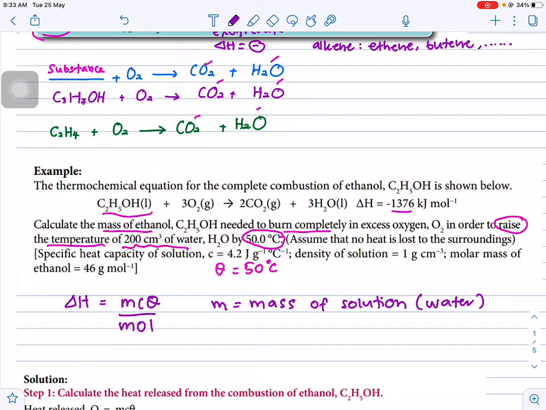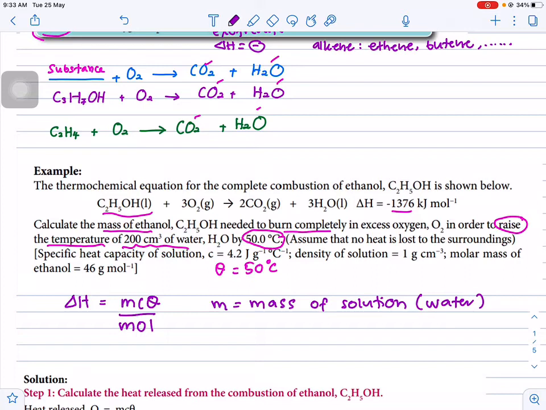Okay. We heat the water and then we're going to check the temperature change before heating of the water and then after the water is boiled. Okay, so kita panaskan air using the substance. So the substance we're going to burn, okay, and then release heat. Heat release is used to raise up the temperature of water.